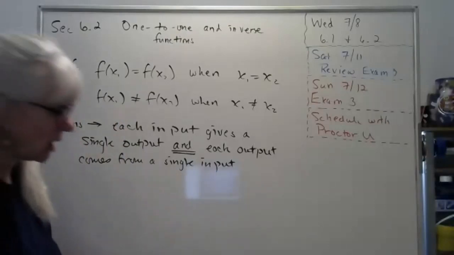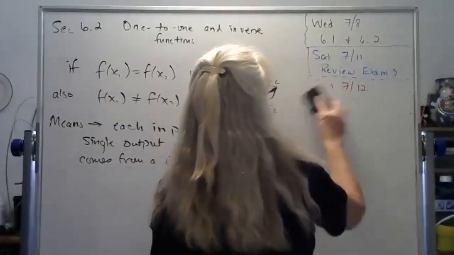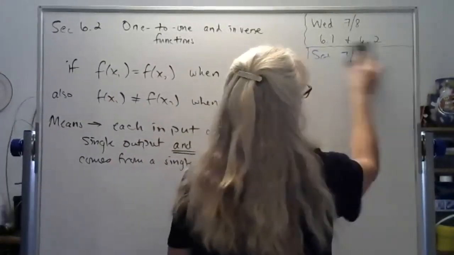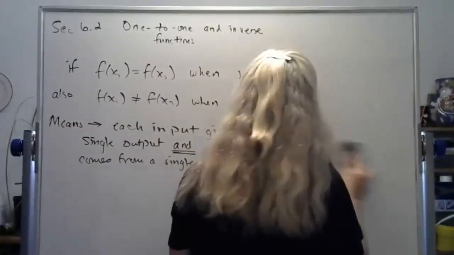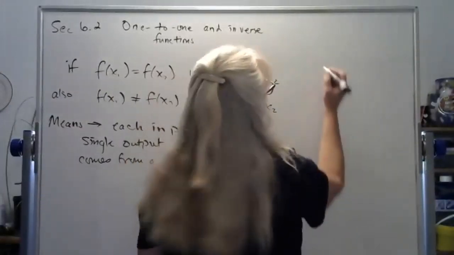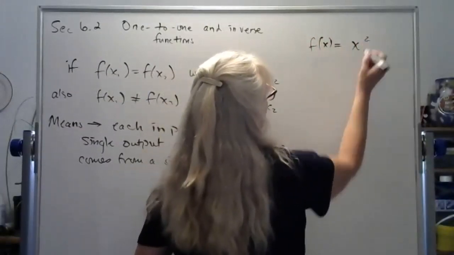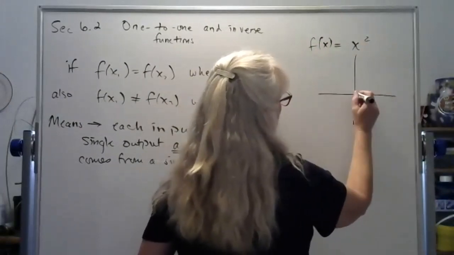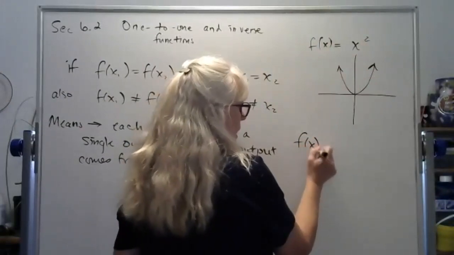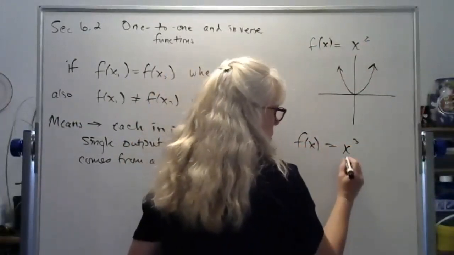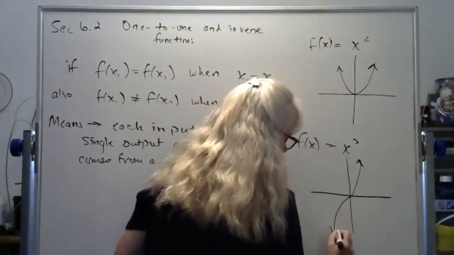What the heck does it look like? So we're going to come in and draw two of our favorite functions, or functions that we've dealt a lot with. So in other words, we're going to draw our friend the parabola. F of x is equal to x squared. We know it's a function because it passes the vertical line test. And then we're also going to graph f of x equals x cubed, our cubic function, that S shape that we've seen.